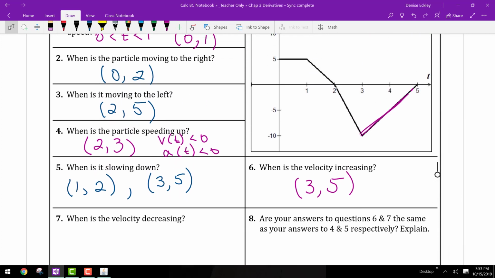So that's going to happen when the acceleration is going to be less than 0. So that is happening between 1 and 2, and also between 2 and 3.